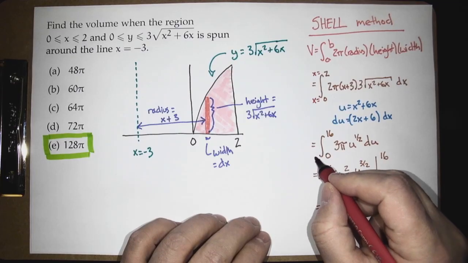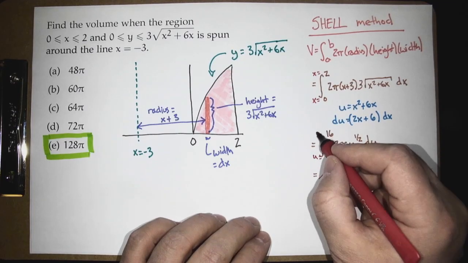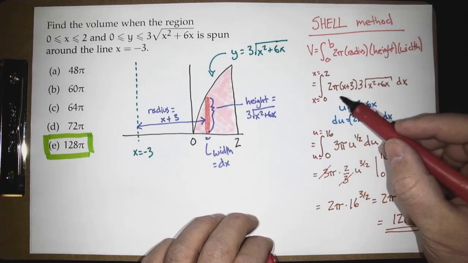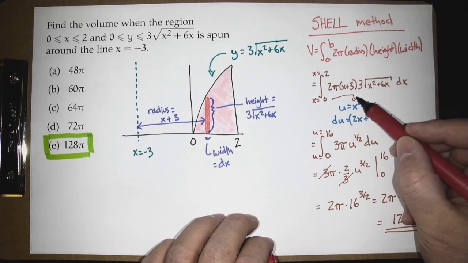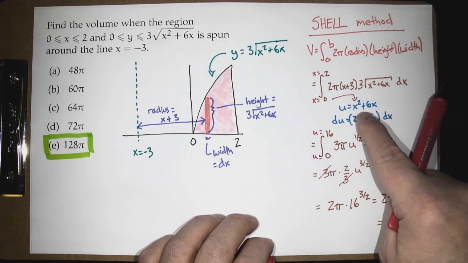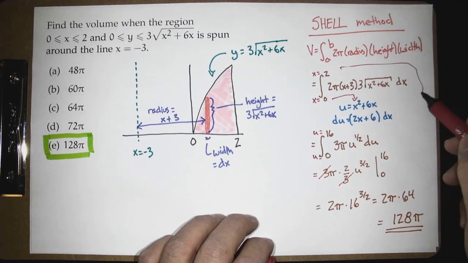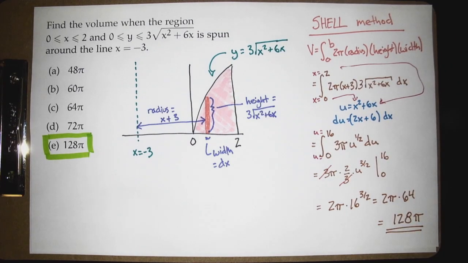So we want u equals something to u equals something. How do you figure out the bounds? Well, you plug in. Plug in 0 into x squared plus 6x, out comes 0. Plug in 2, and out comes 16. So don't forget to update your bounds.